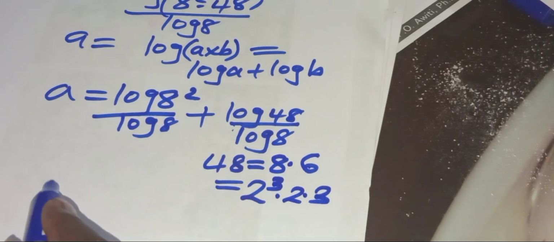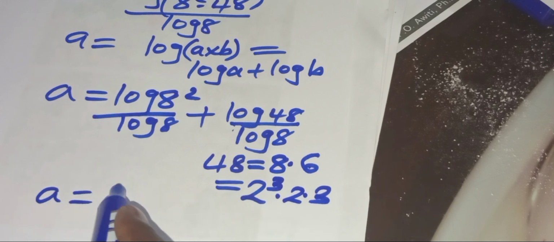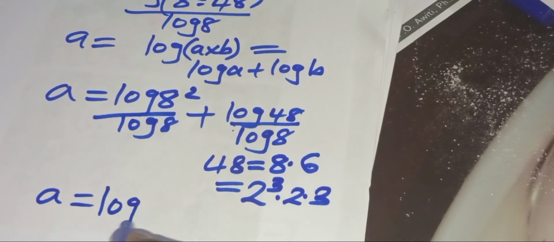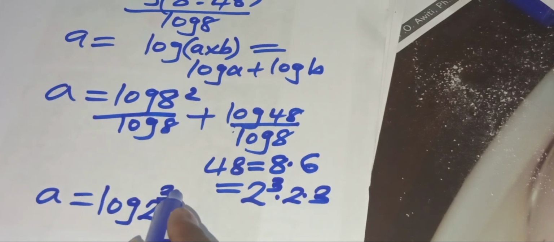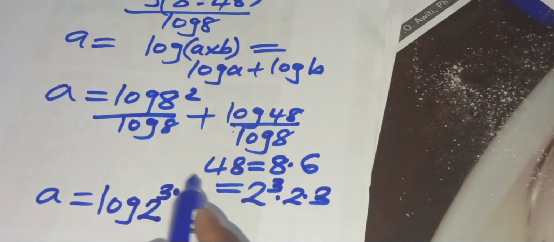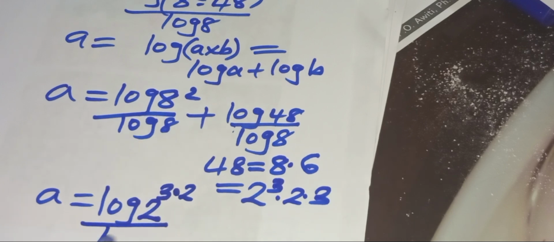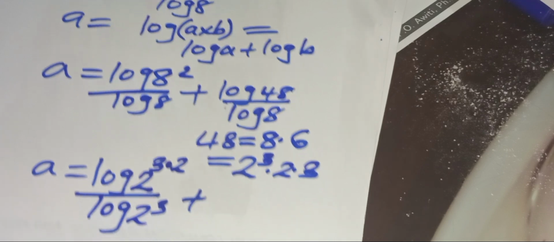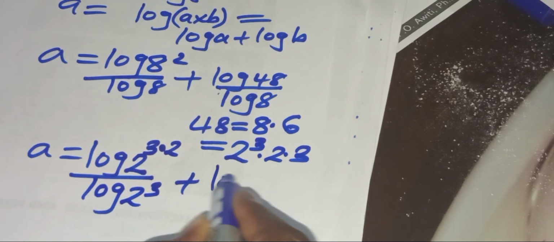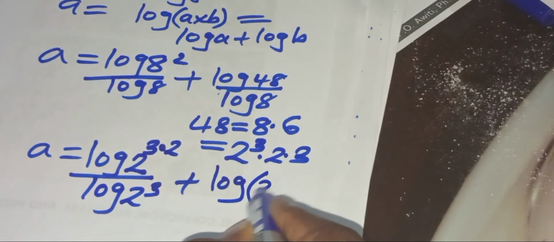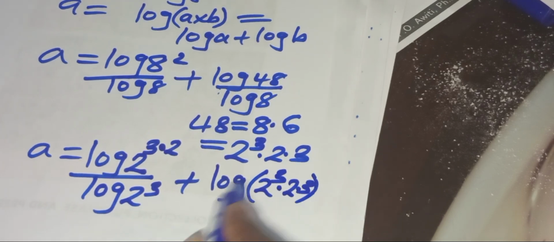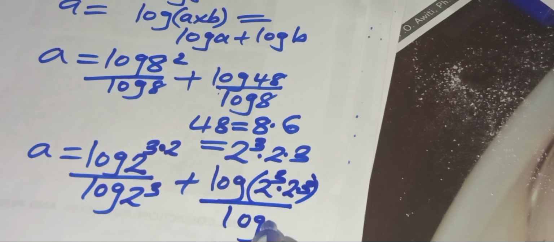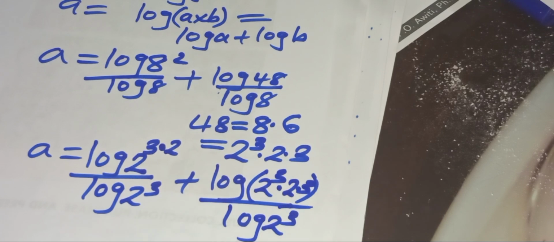So that means a is equal to log of 2 to the power 3 multiplied by 2, divided by log 2 to the power 3, plus log of 2 to the power 3 multiplied by 2 multiplied by 3, divided by log 2 to the power 3.